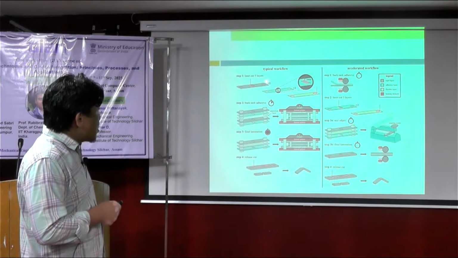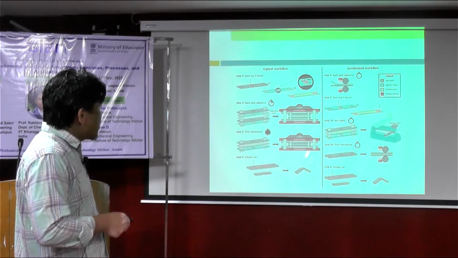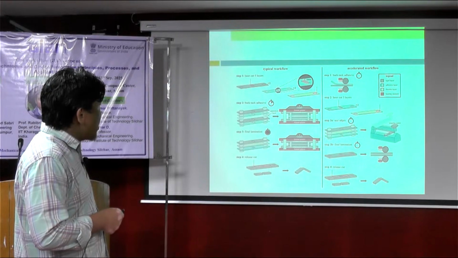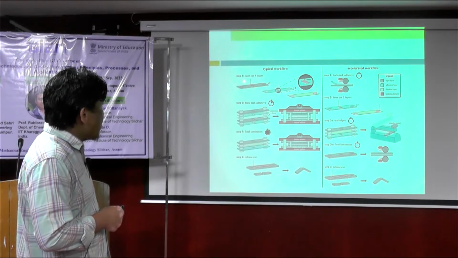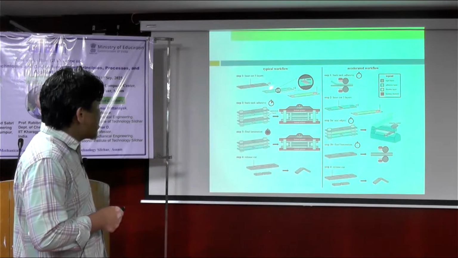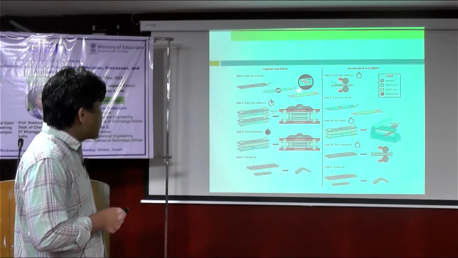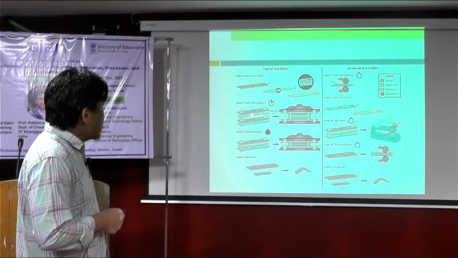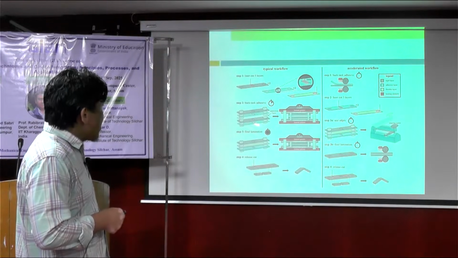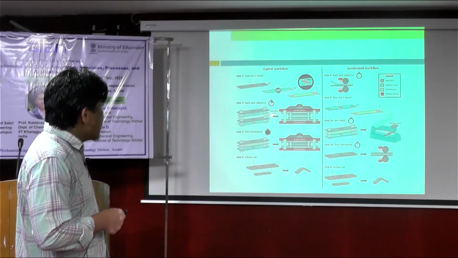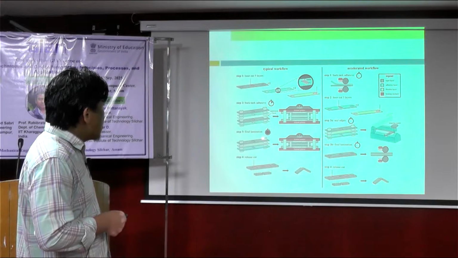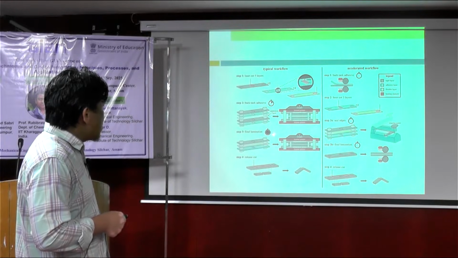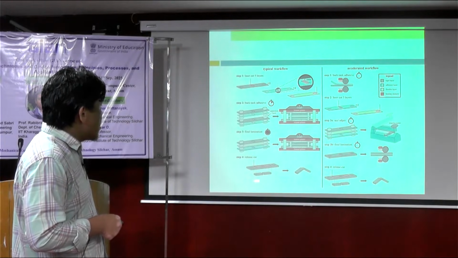So this is a typical workflow of MEMS process. Basically, from laser cut, for example, you have your materials designed and developed with certain pattern. Then you try to assemble or integrate with certain components. Then you do lamination, and then you get your device done.